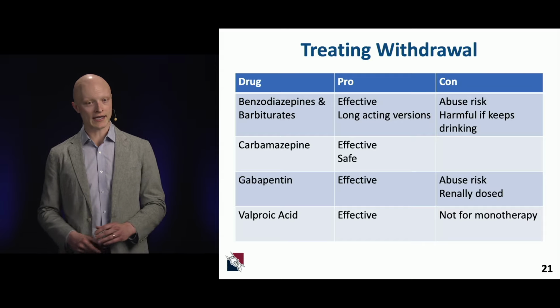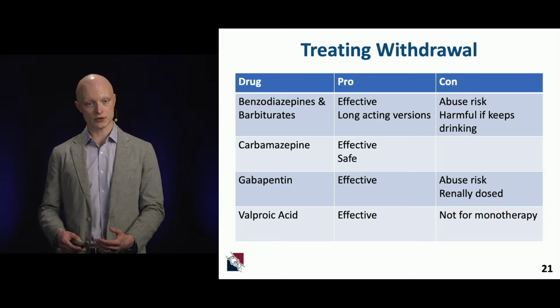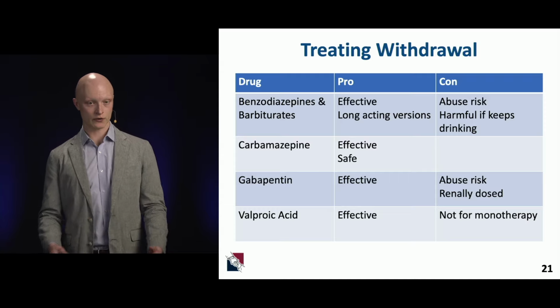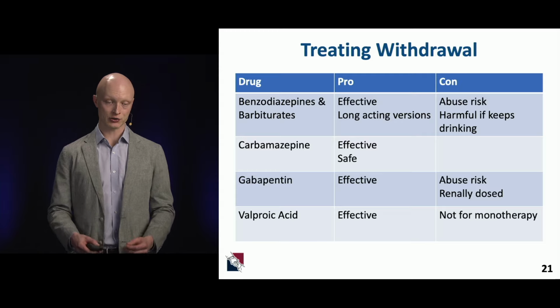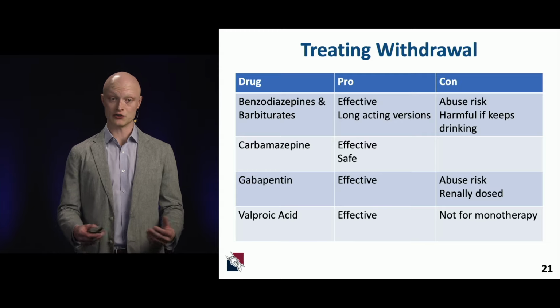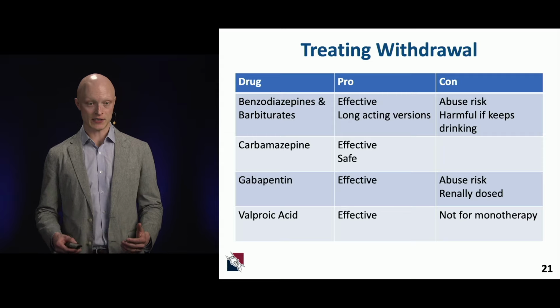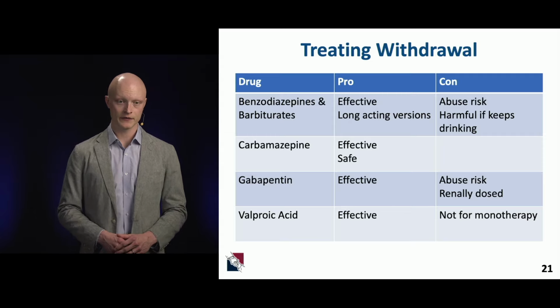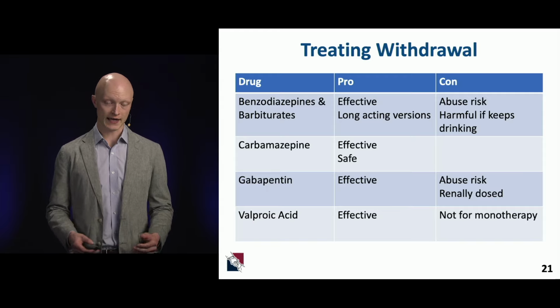Well, there are several medications that can be used to either treat withdrawals or to treat the cravings associated with withdrawal. We're going to start off with some of the medications that are used to actually treat the withdrawal syndrome. The most classic medications would be the benzodiazepines and barbiturates. The good thing about these medications is that they are very effective.